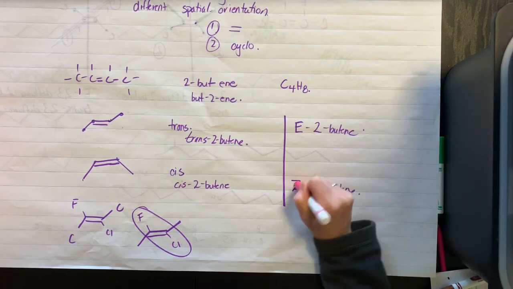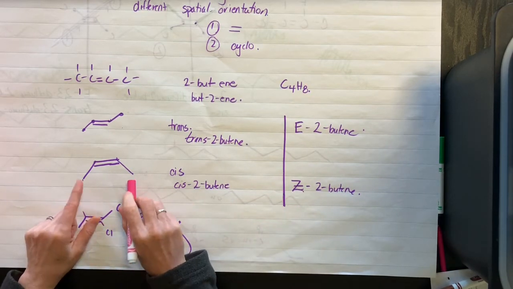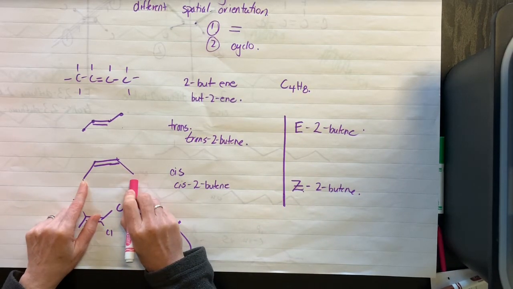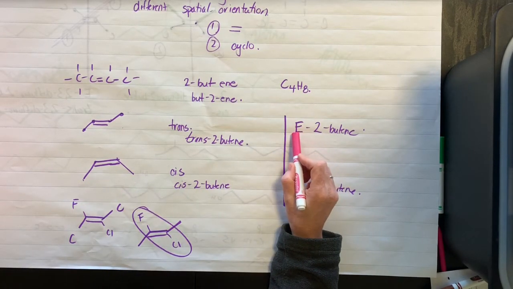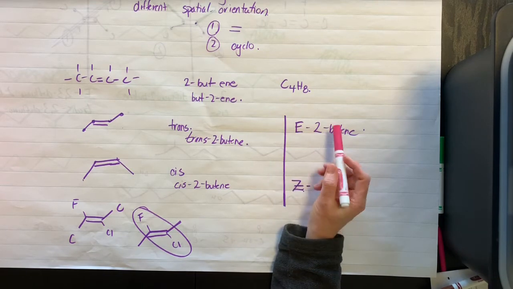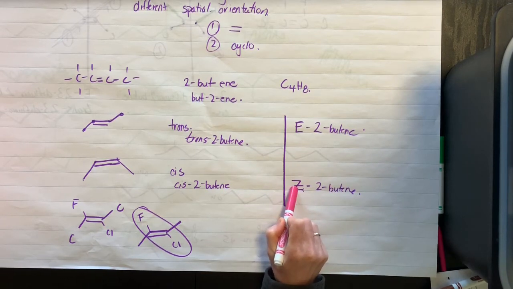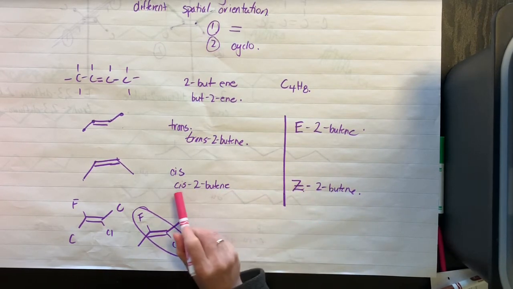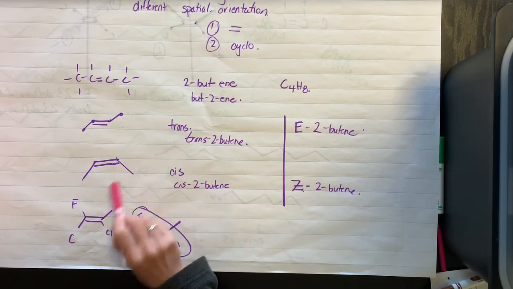So Z says they are together. And this is entgegen, which is opposite, maybe. I'd have to look that up. But anyway, Z works nicely, Z's the same side. Whether you're saying cis the same side or Z's the same side, that's what that means.